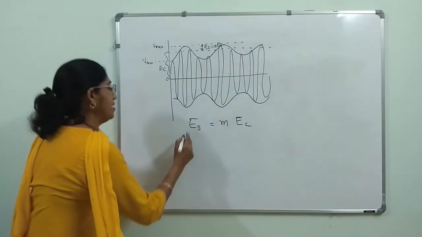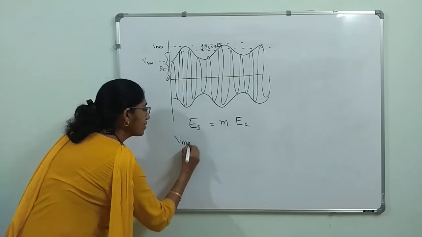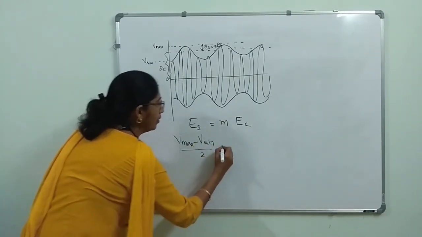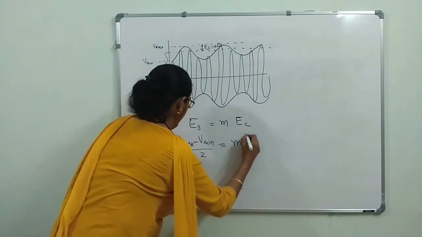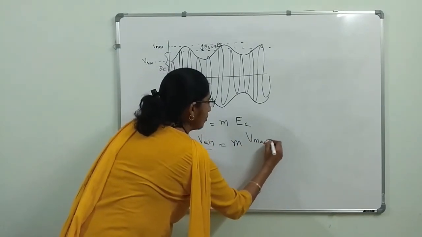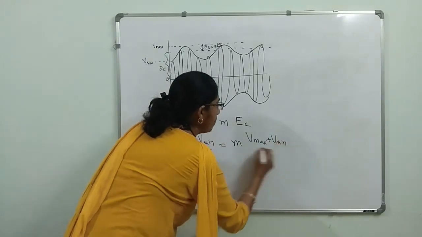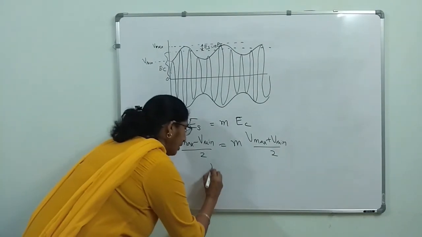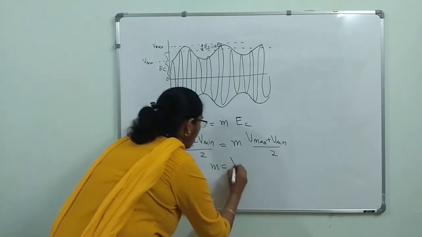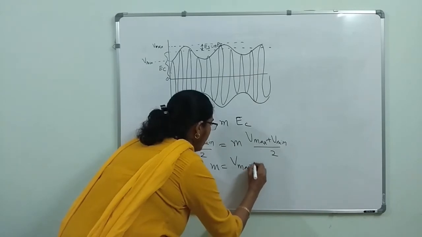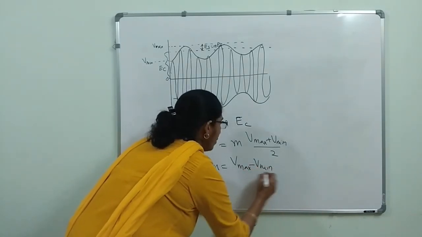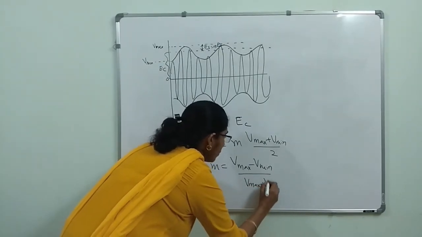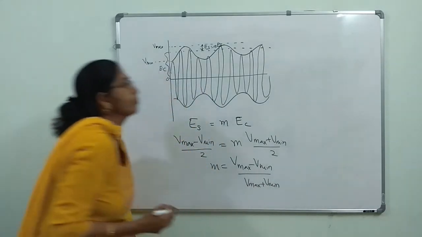Let me substitute for ES. ES is (V max minus V minimum) by 2 is equal to M into (V max plus V minimum) by 2. So I can get M is equal to (V max minus V minimum) divided by (V max plus V minimum).